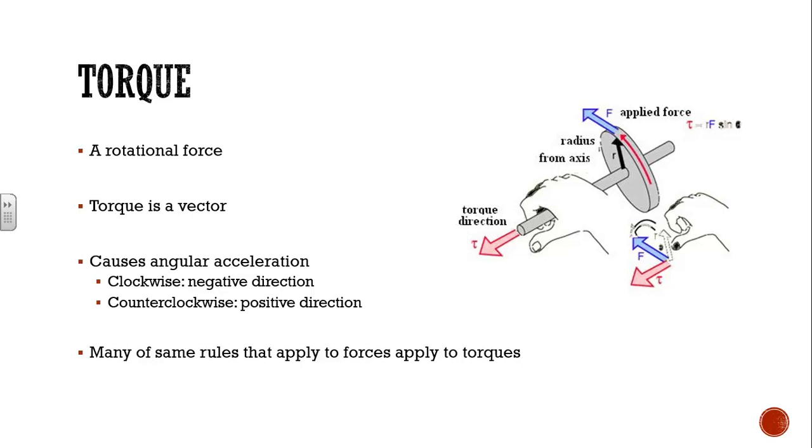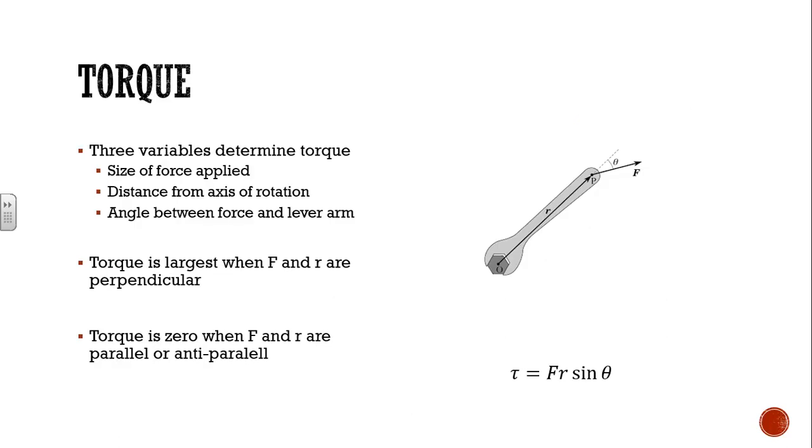What that means is that your fingers will curl in the direction that the angular acceleration will cause the rotation, and your thumb points in the direction of the torque. What that would mean is that if this was a screw or a nut or a bolt, that's the direction that screw, nut, or bolt will go. A lot of the same rules that apply to forces also apply to torques.